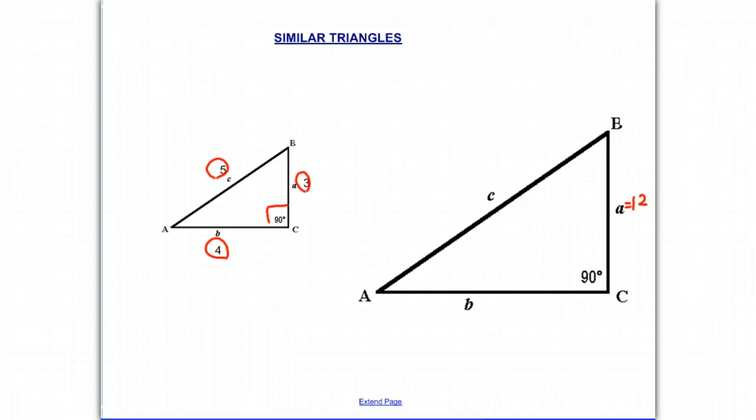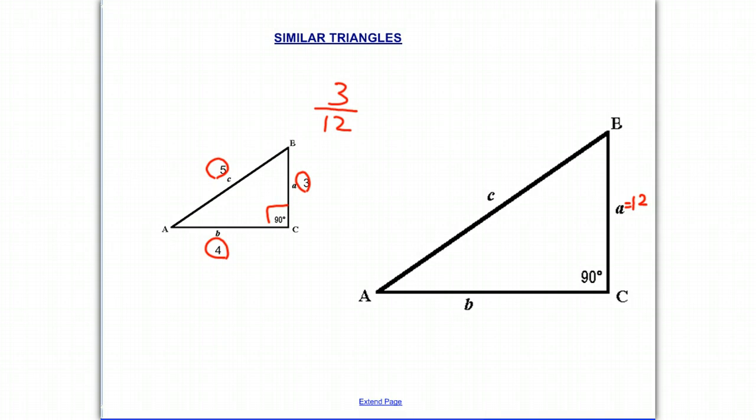Well, in order to do that, you would have to set up a proportion. So in our case, we look for a pair of corresponding sides. So we certainly know that 3 corresponds to the 12. Let's keep this color coded, and let's keep it red. So we'll do it in red. We know that 3 is to 12, because those are a pair of corresponding sides.